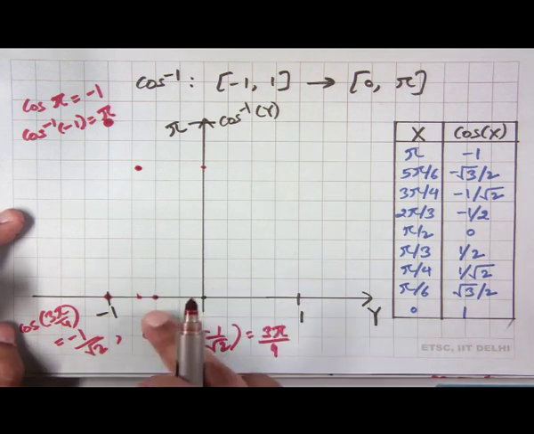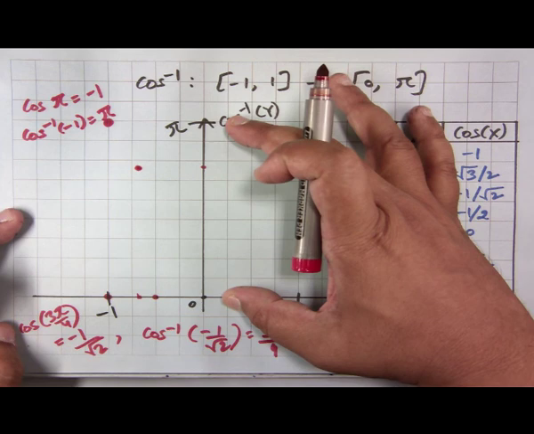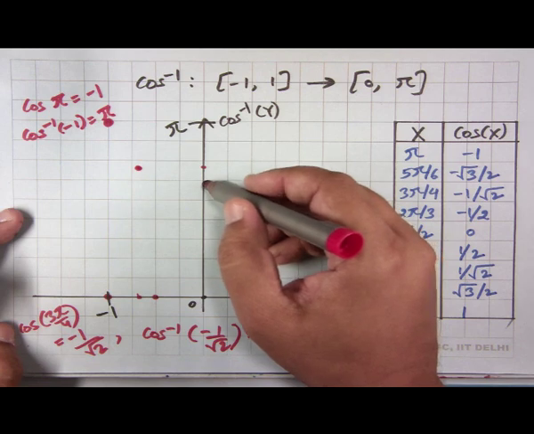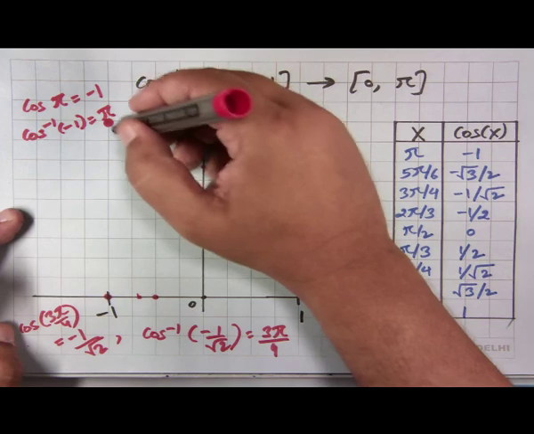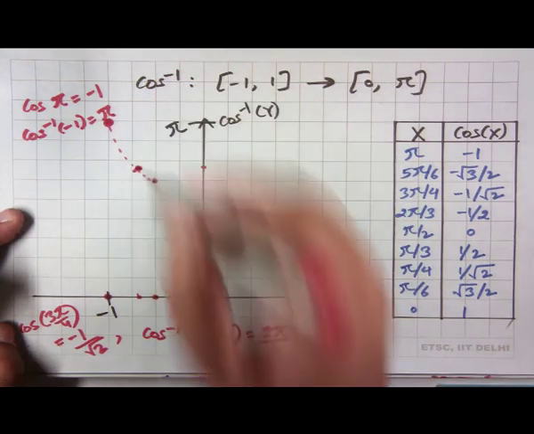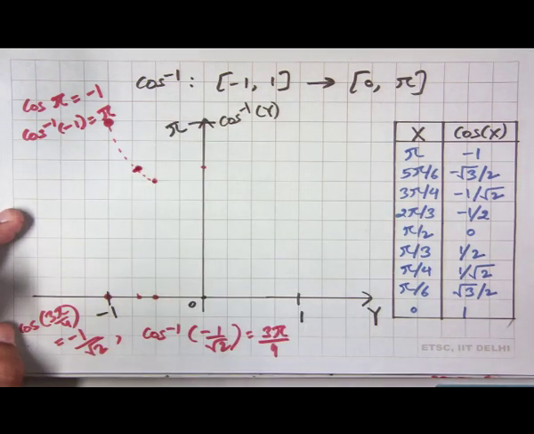So, cos inverse of minus half will be equal to 2 pi by 3, which is 2/3 of this whole range, which is equal to 6 little squares. So, that comes over here. So far we have gotten this part of the cos inverse curve, which I am showing with a dotted line.